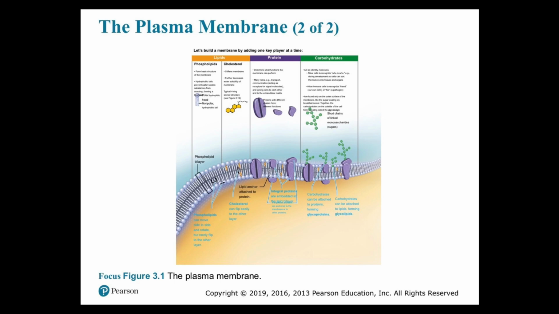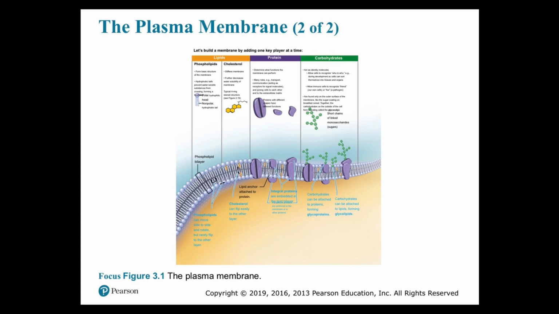And then we have the third component, the carbohydrates, which act as identity molecules, we said, and they form the glycocalyx. So those carbohydrates are short chains of linked monosaccharides, the oligosaccharides. There are several of those glucose monomers joined together.